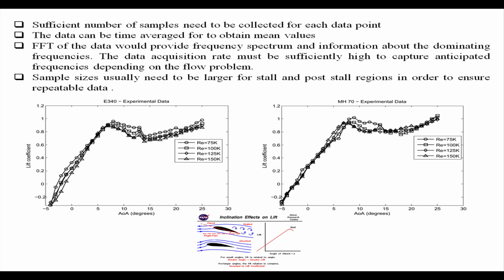Every time it comes back with the same nonlinearity, and it is quite strange. Yes, if you look deeper into the flow, you get better answers, but then you have to really look into the flow. We are just looking at integrated effects, whether it is force measurements or pressure and things like that. And in the stall, post stall regions, of course, we had to use much bigger sample sizes, so that we get reasonably good data.